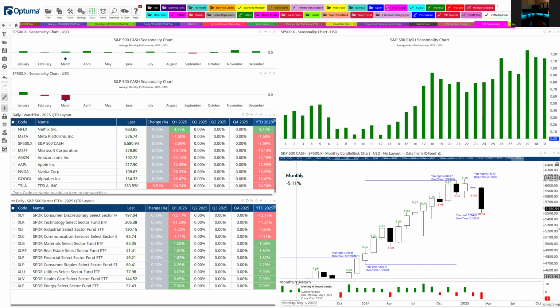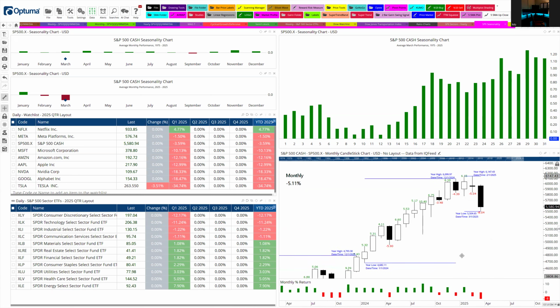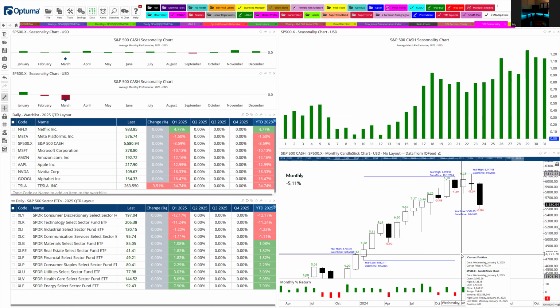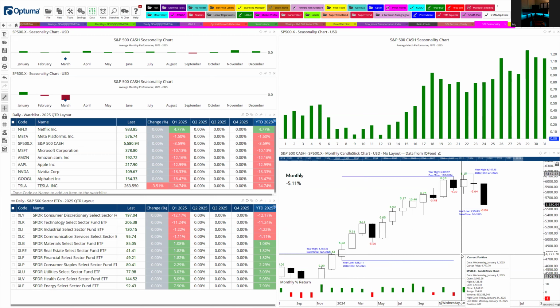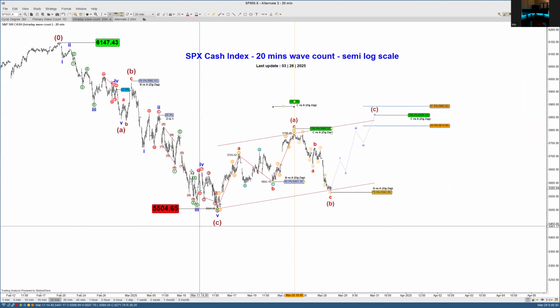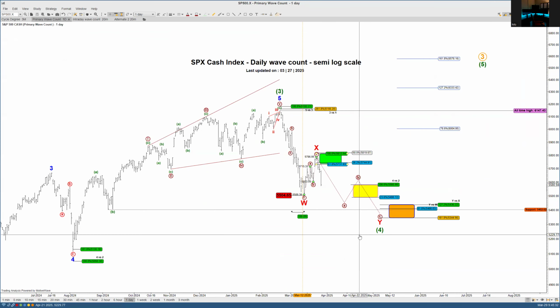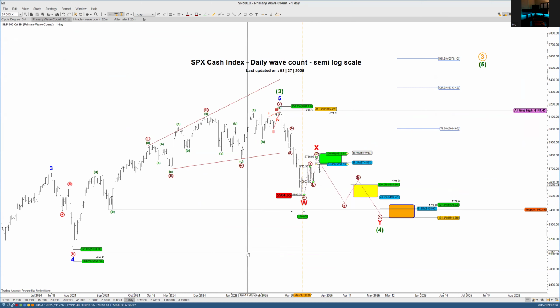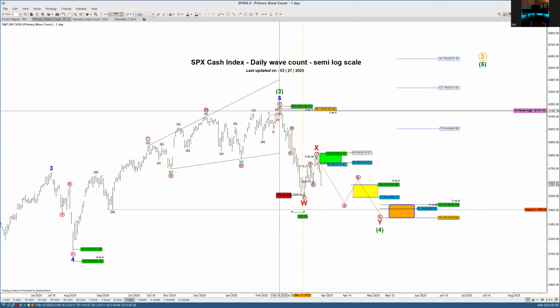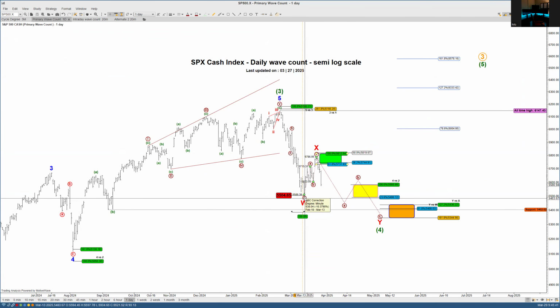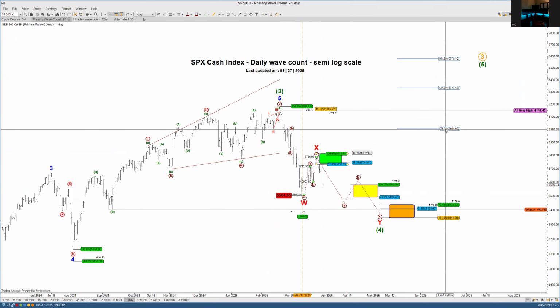It's tough to say, but more and more I'm looking at this. If you take the high and the low, 78.6 is at 6,000.